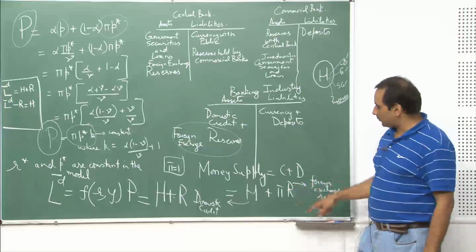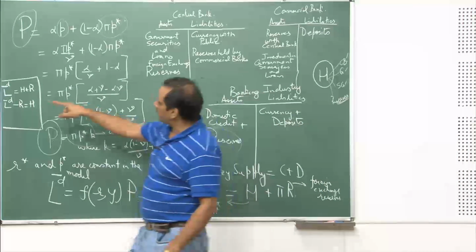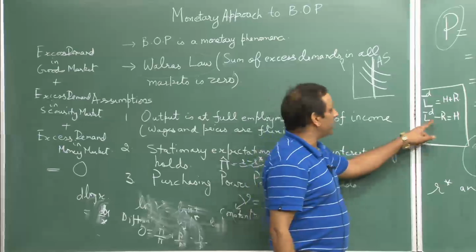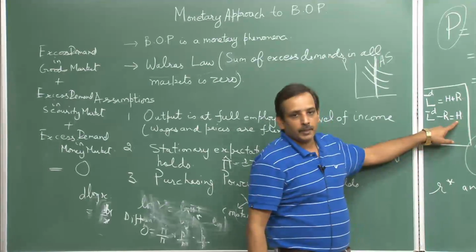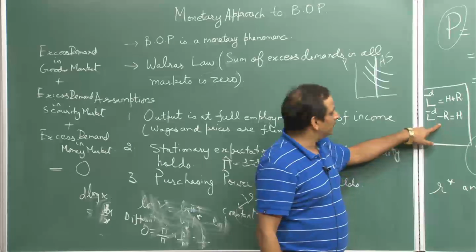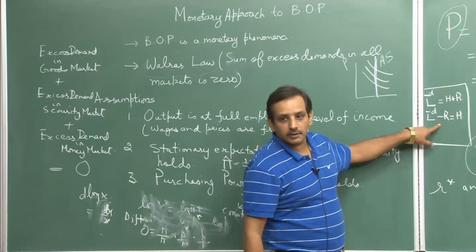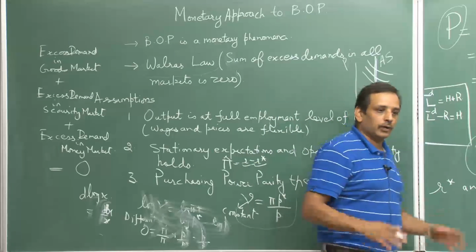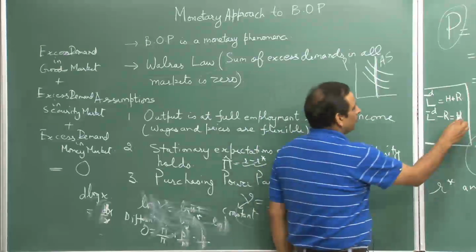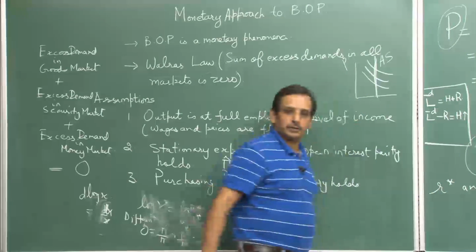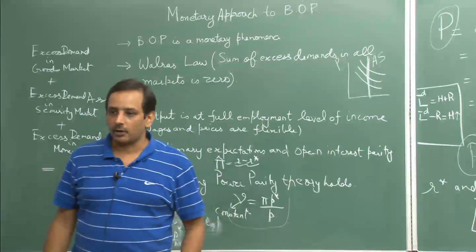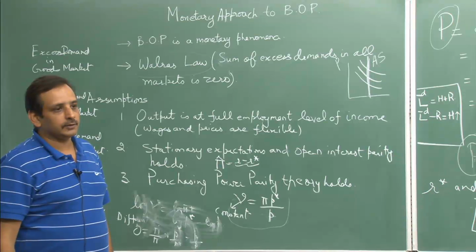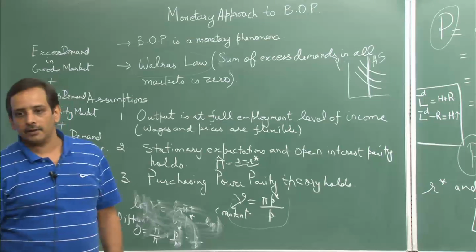So, pi is 1, so you get this equation L bar D is equal to H plus R, or L bar D minus R is equal to H. Now, look, this is the main equation in this monetary approach to balance of payment. This is what happens in the long run. So, if you increase H, if you increase money supply in the economy, so there is an excess supply of money.